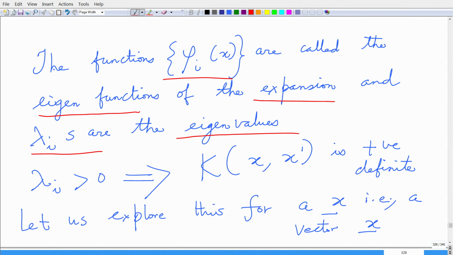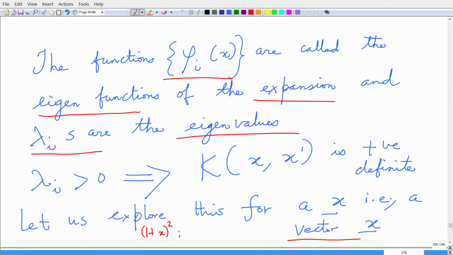And one can generalize this notion of kernel that I discussed here for a single variable case to a multivariable case. X need not be a scalar, x could be a vector. So, I took the expansion 1 plus x whole square.